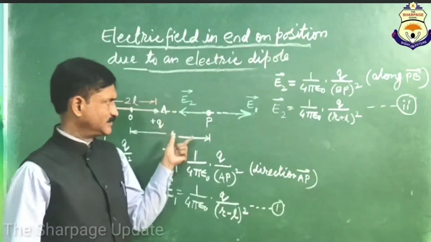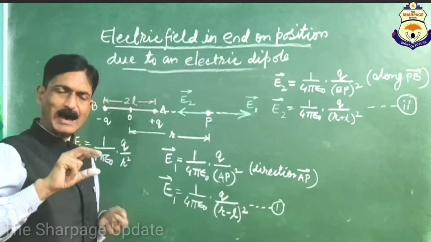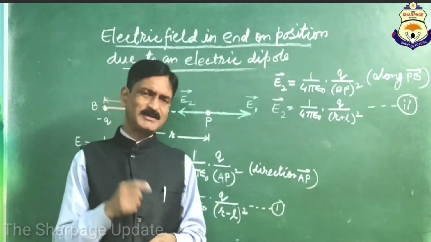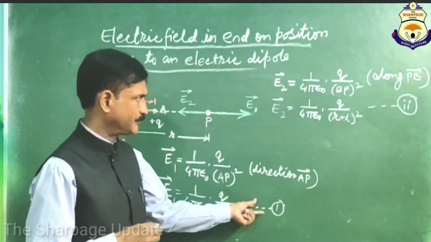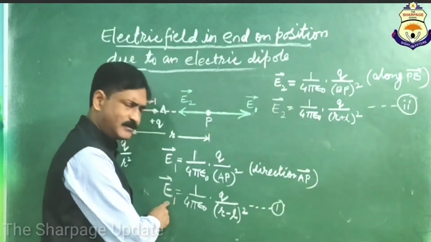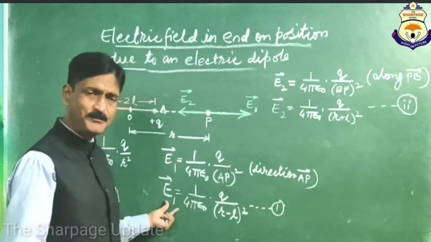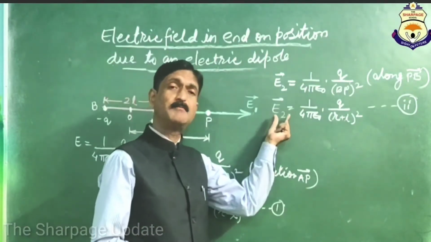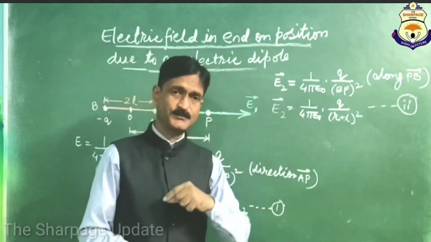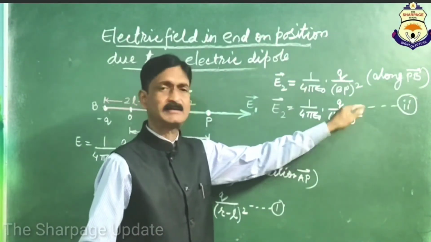Now you can see by this figure, E1 and E2 both are along the same line but in opposite direction. Now you can see by equation 1 and equation 2, the magnitude of intensity of electric field E1 is greater than the magnitude of electric field intensity E2, because you can see here (r minus L) whole square, and in this equation there is (r plus L) whole square.